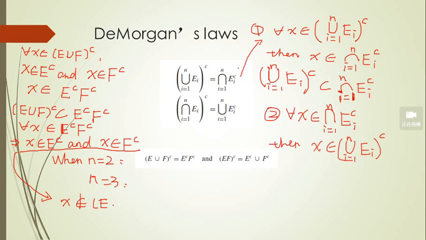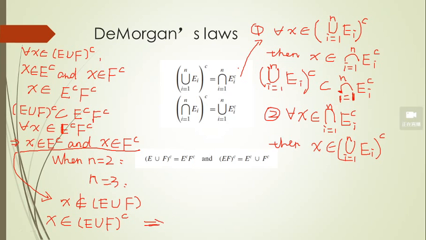Okay, x does not belong to E union F, because x is in E's complement and F's complement, which means outside of the circle E and outside of the circle F. So if you have E union F, you are going to shade the two circles together. So x is outside of those. What does it mean that x is outside of those two circles? It means x is in its complement, right?